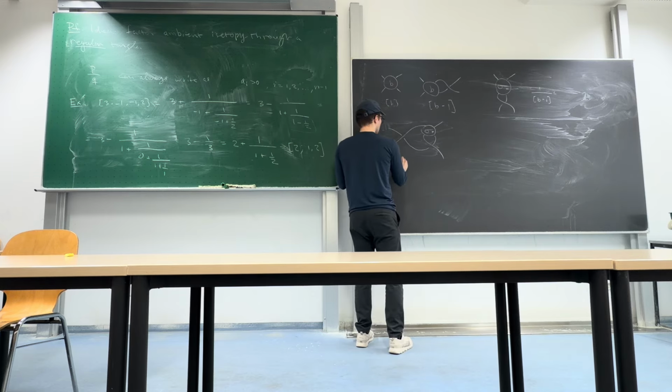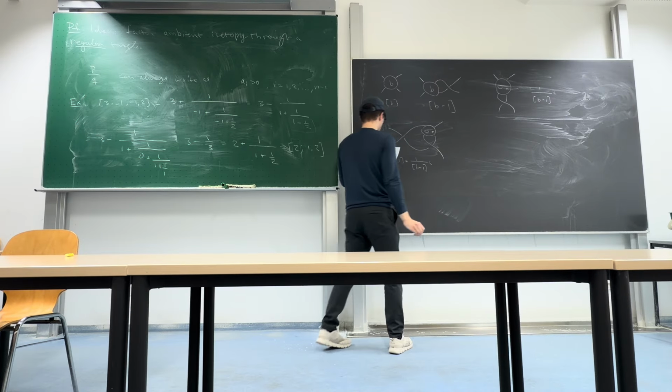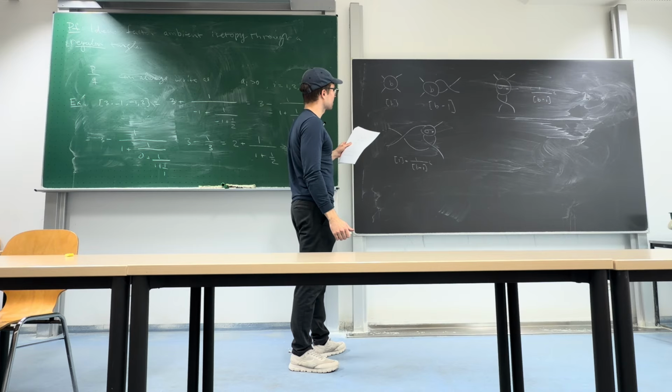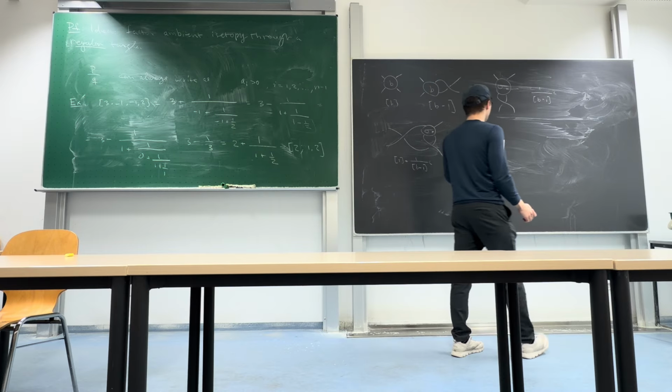This is just 1 plus 1 over B minus 1, right? So now we're going to take the counterclockwise inverse.